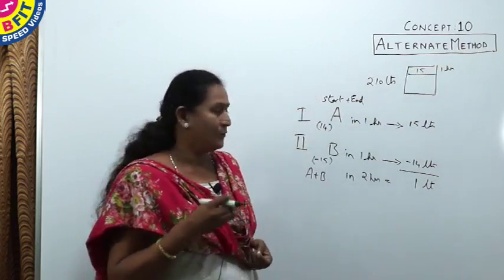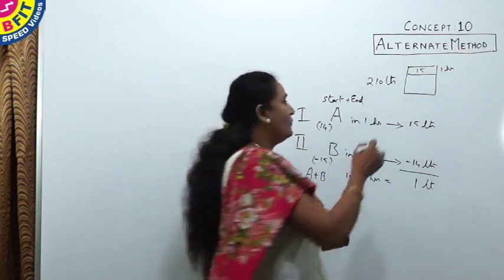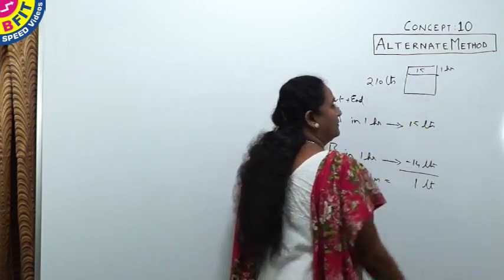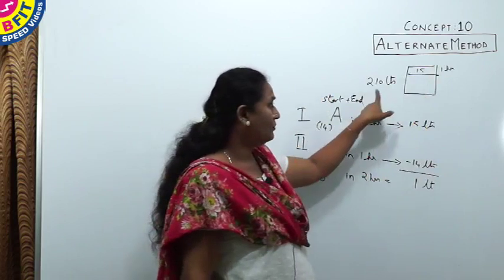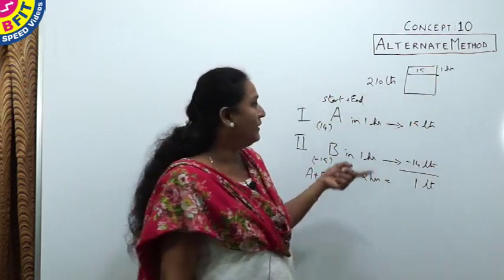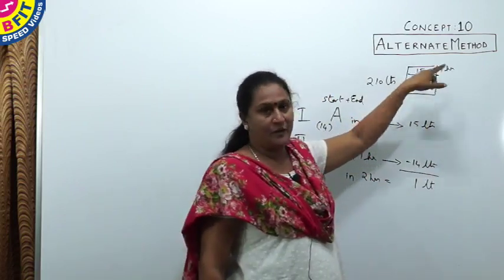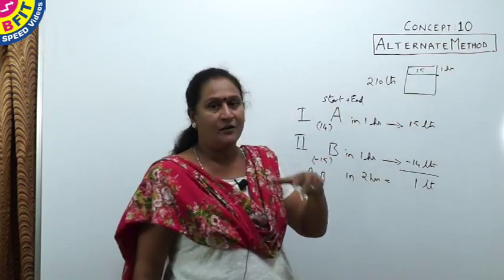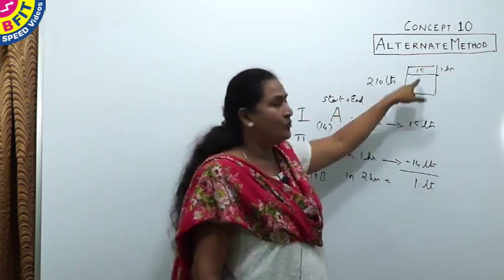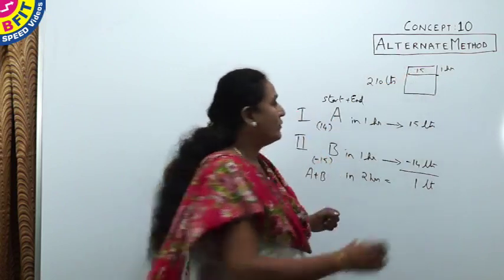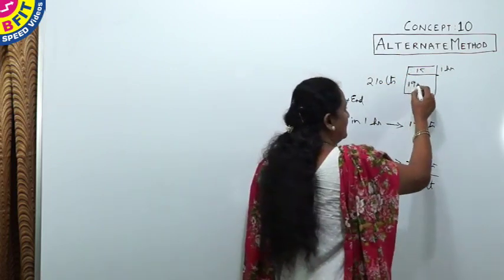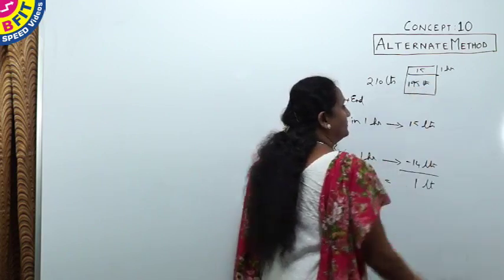Now you have to check the time taken for the water to come to this position. To come here, how many liters do we need? Total capacity we have taken as 210, and already we have 15, because A is going to complete the filling of the tank in the final hour by pouring 15 liters. Subtract 15 from 210. What will be the number of liters? 195 liters.